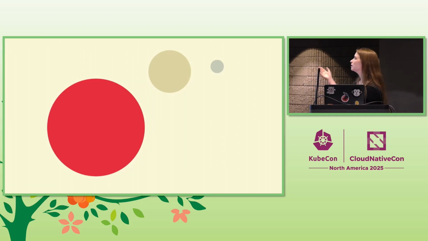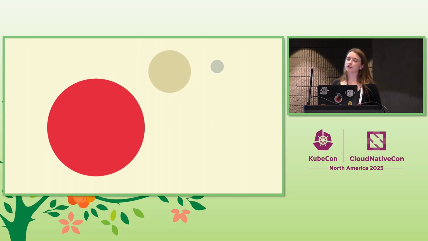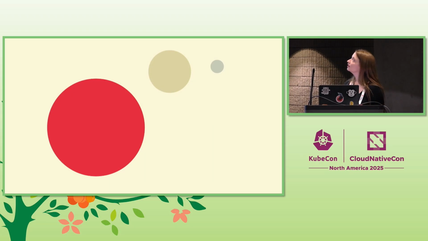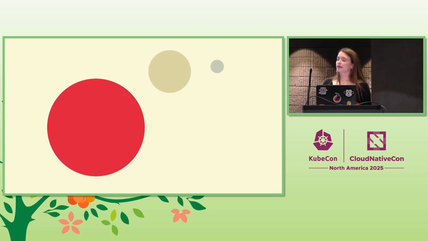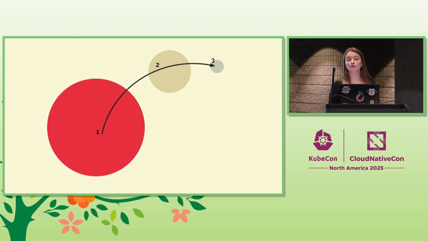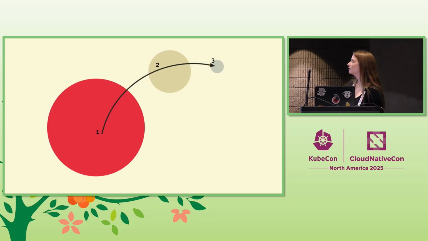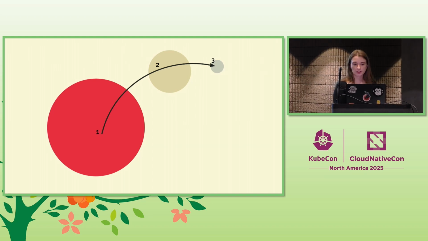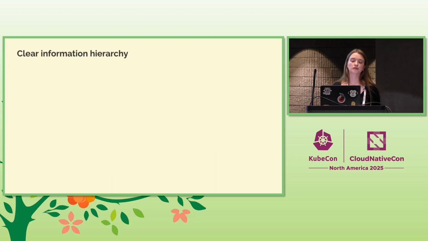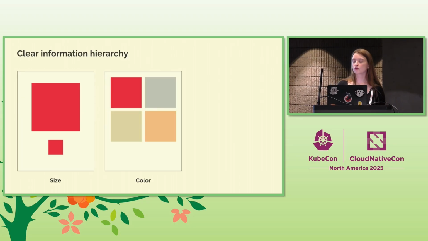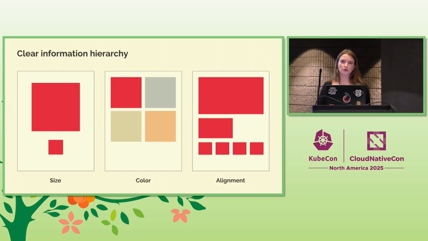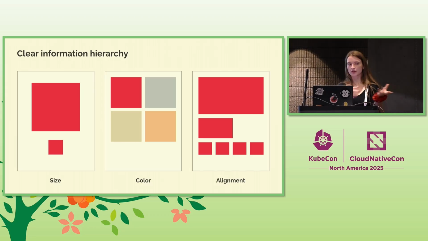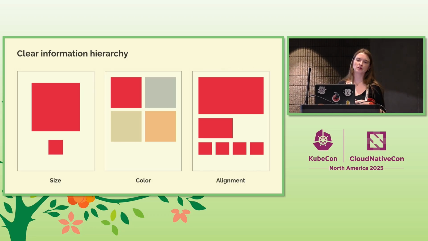When you take a look at the screen, which circle do you pay attention to first? Probably most of you follow this exact same path. And that is not a coincidence, it's actually human biology, because our brains naturally follow size, color, and alignment to process information. And we designers use that to drag your attention to the most important stuff first.